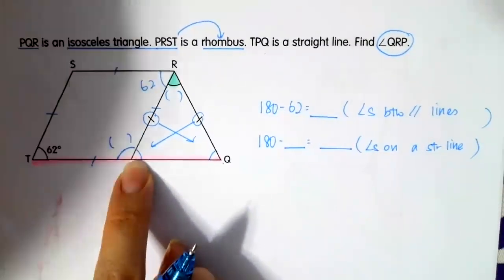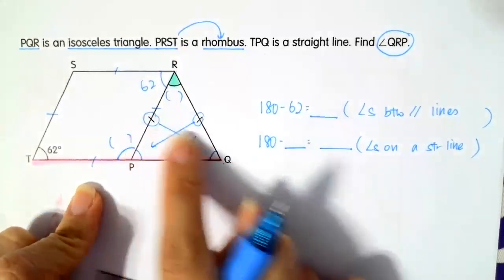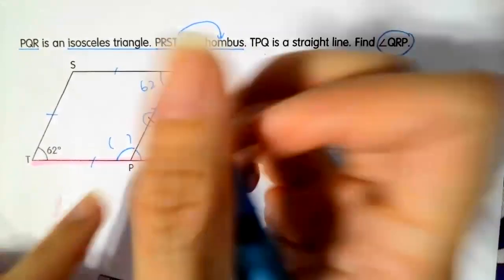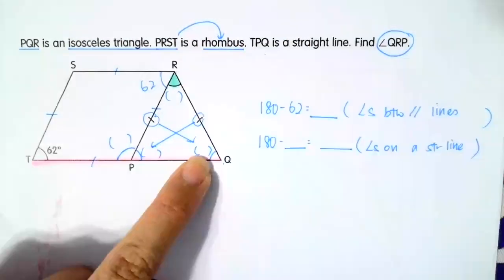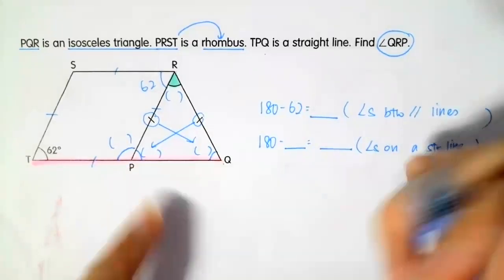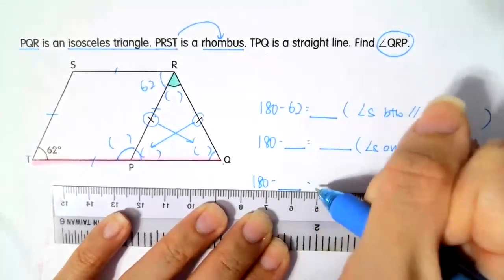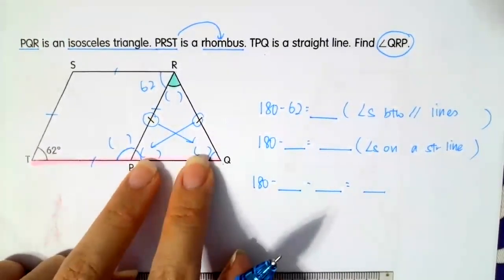Once you found this, remember I told you this is an isosceles triangle and we have acknowledged that these two angles are the same. So once I found this, I can find this angle because they are the same. Your last step will be 180 minus 2 of this, these two being the same.